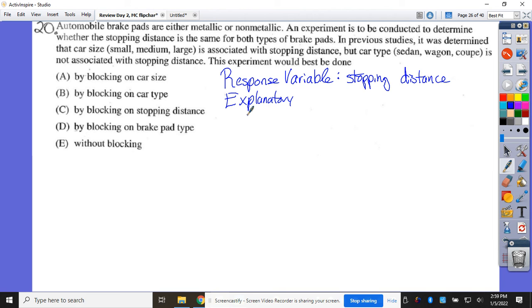My treatments can be broken down into 2 things: factors and levels. So factors are my generic. What is my generic thing that I'm testing? How many levels do I have that I'm testing? 2. Which are? Metallic, non-metallic.